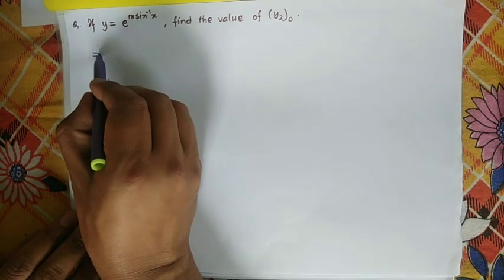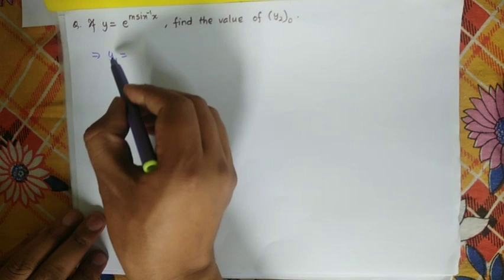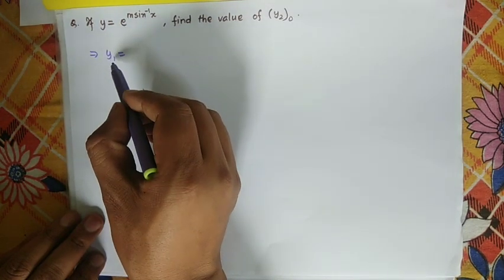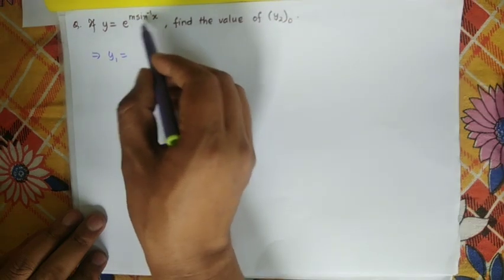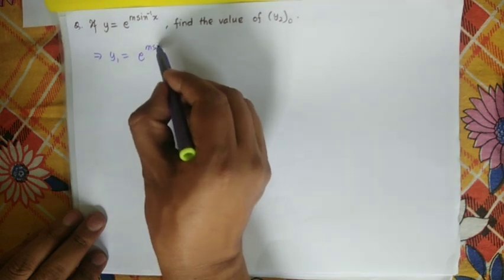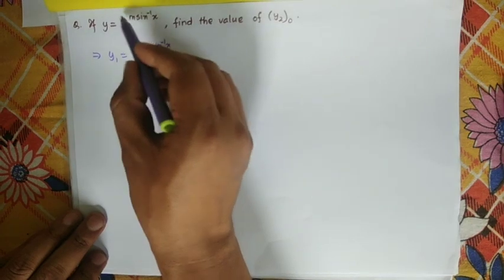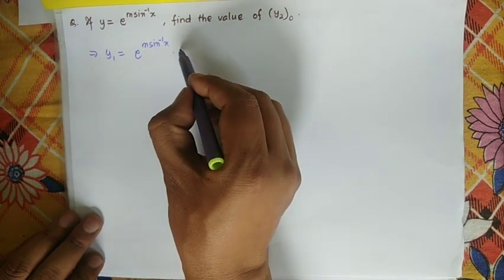So from here y1 will be equals to, we'll make use of chain rule, so differentiating with respect to x. So here in the left hand side I'll get y1, and differentiation of e to the power x will be e to the power x itself, into, now we need to differentiate the power. So differentiation of m, this is a constant, so it will be kept outside.